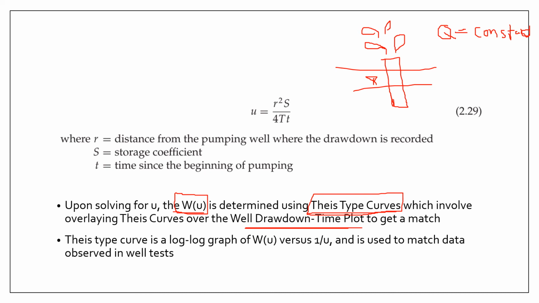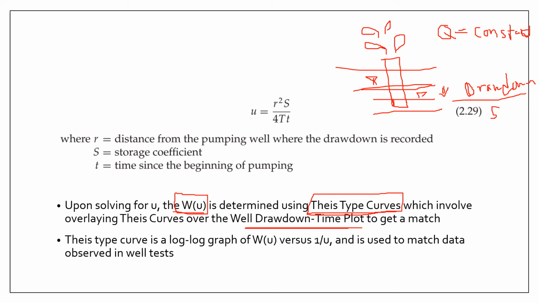And pumping is taking out water from the well, and that will cause the water table to go down. So you're having a drawdown due to pumping. So that drawdown or S is actually being recorded.